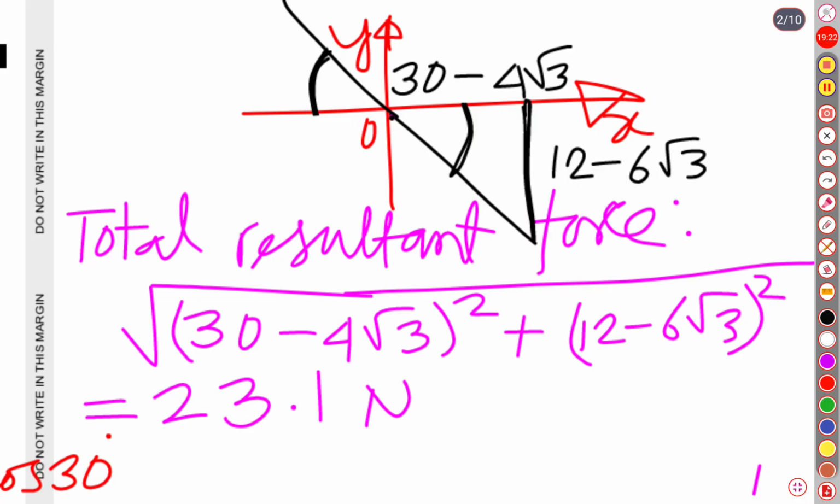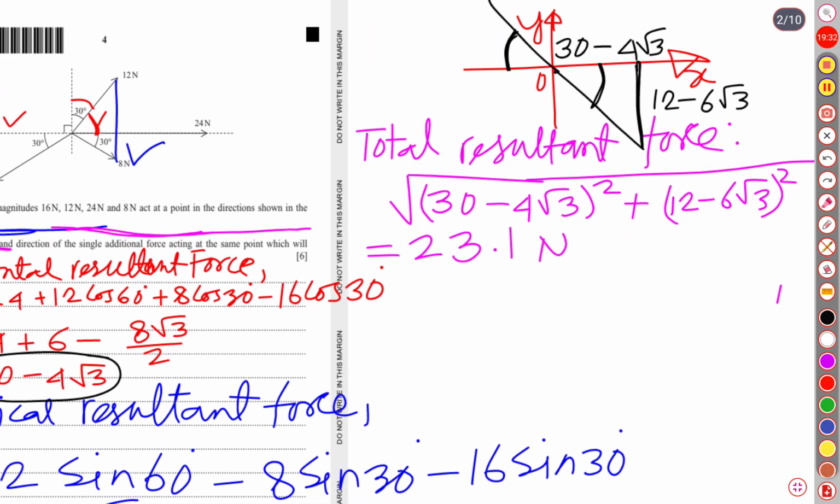Okay, we have got the resultant force. Now the direction, I mean the angle, should also be obtained. So let us write. Now we will find the angle where the additional force should be applied. Suppose this is our theta.